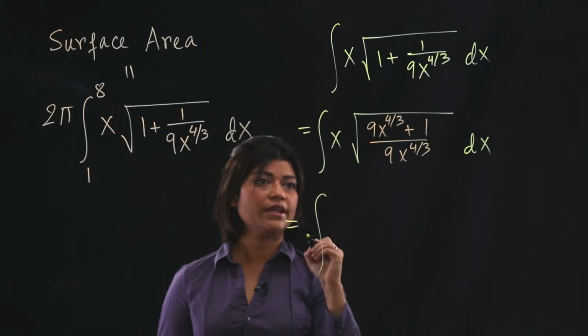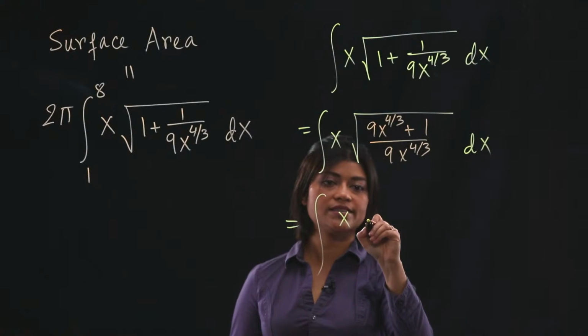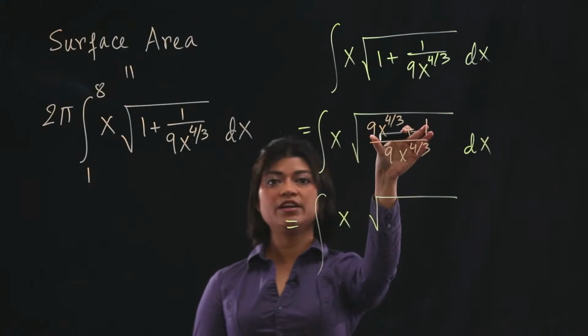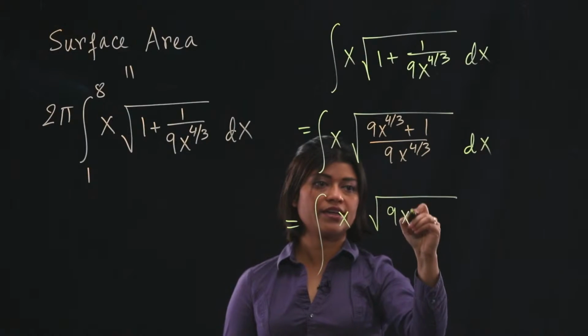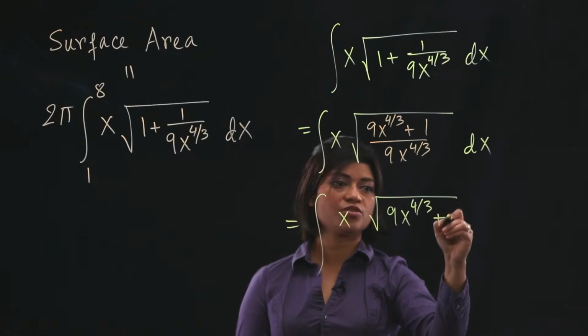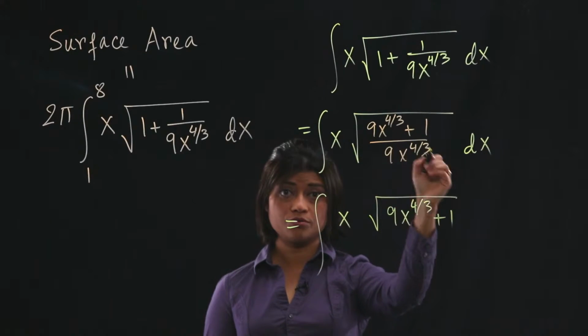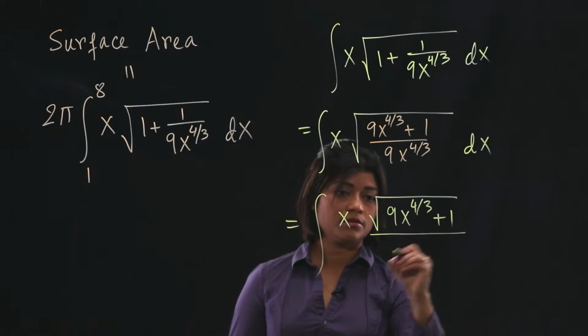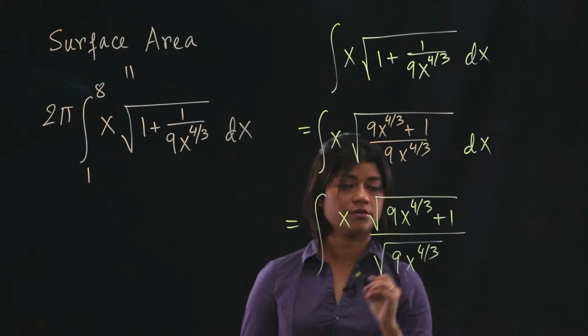All right, next step, you have x outside. Inside the square root, keep the numerator terms as it is, 9x to the 4/3 plus 1. Now the denominator is also a square root of this entire expression, 9x to the 4/3.